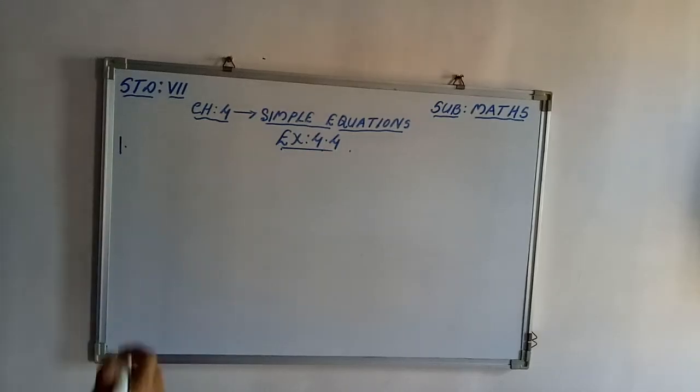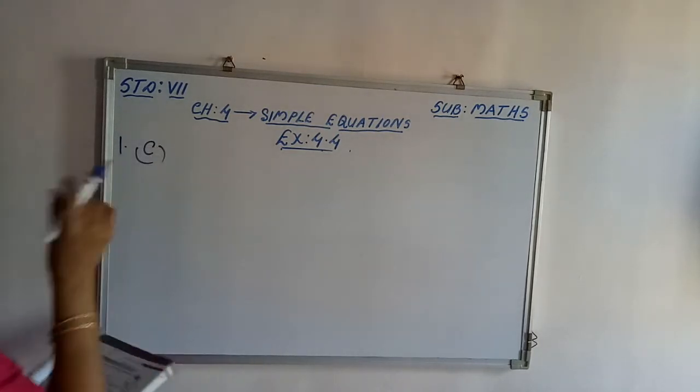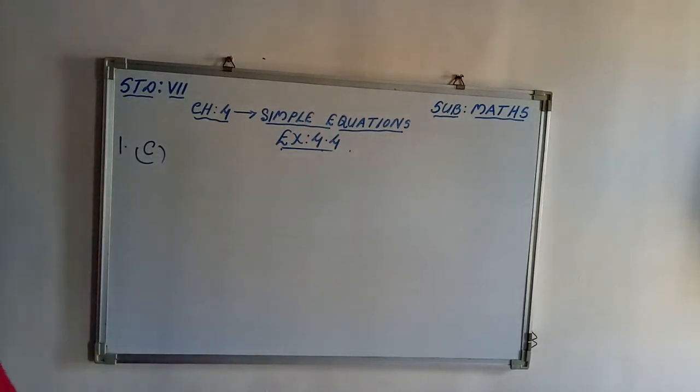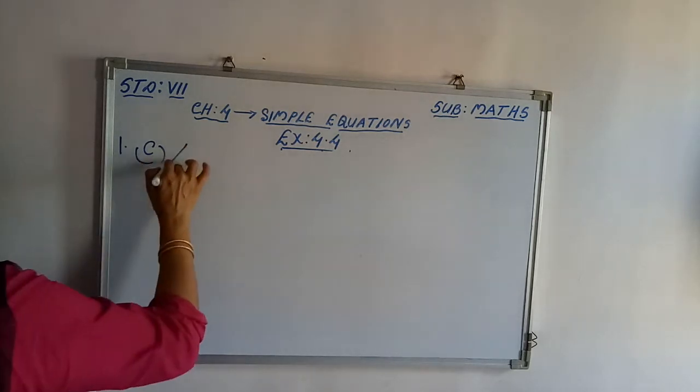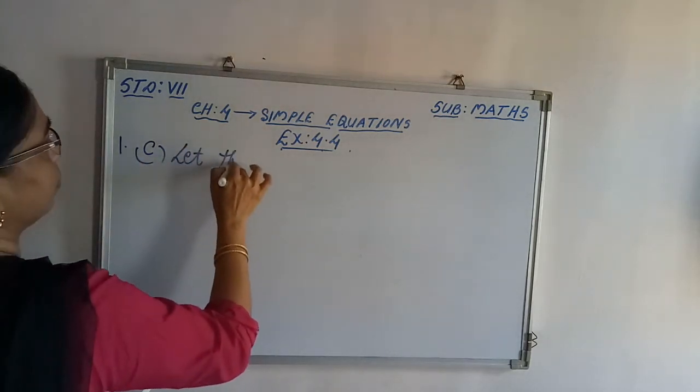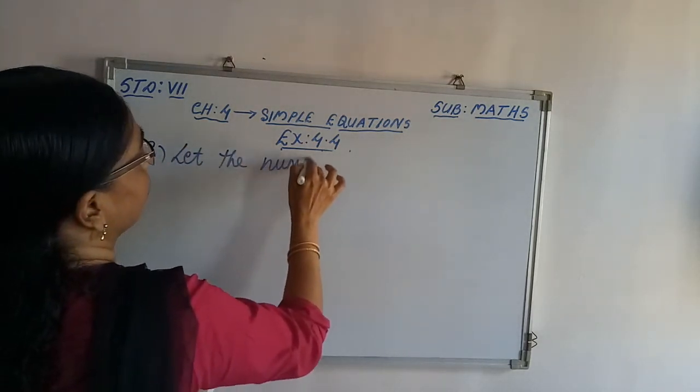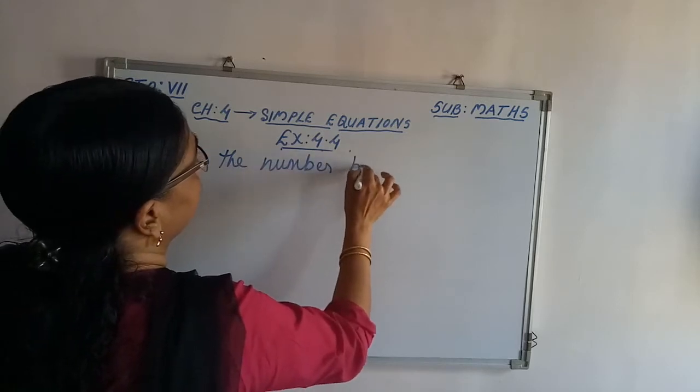Now, see. Listen to the question. If I take 3/4 of a number and add 3 to it, I get 21. So first we can assume, let the number be y.